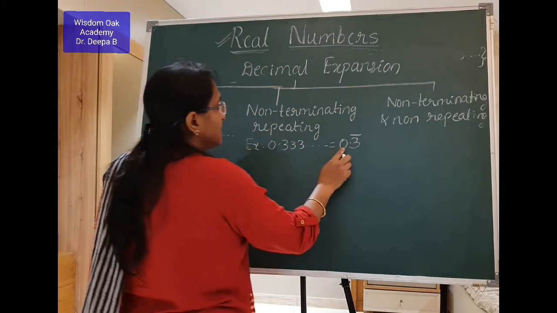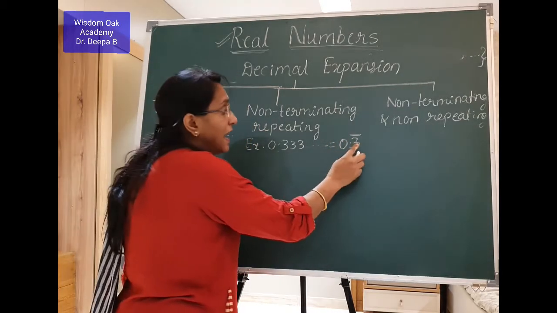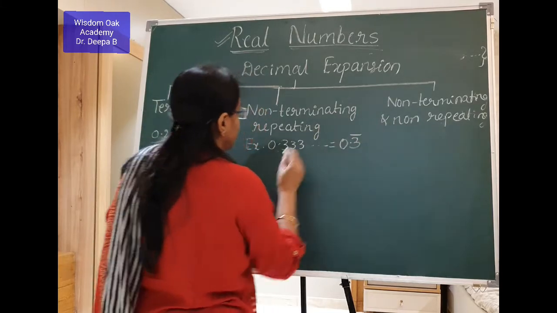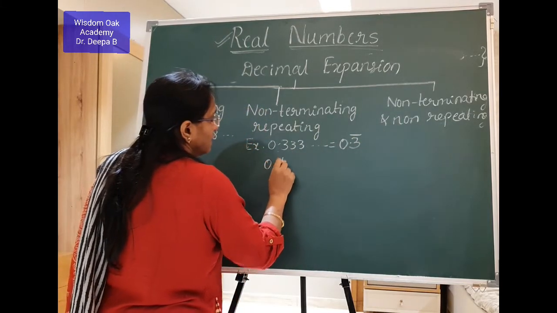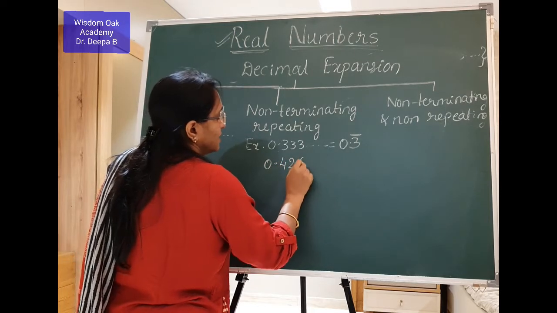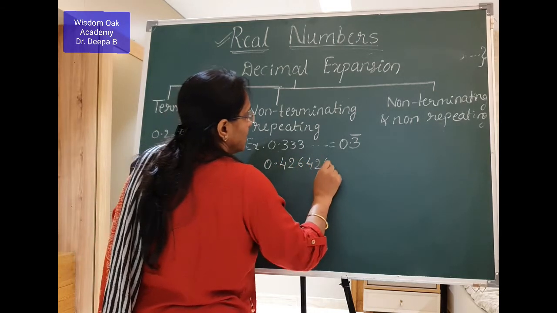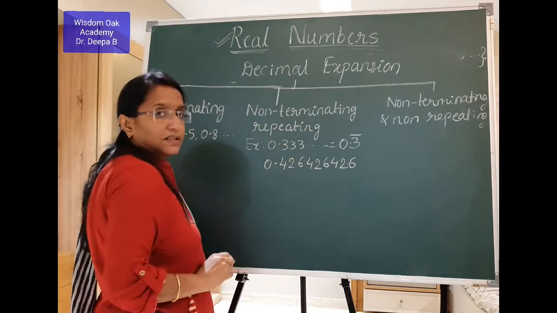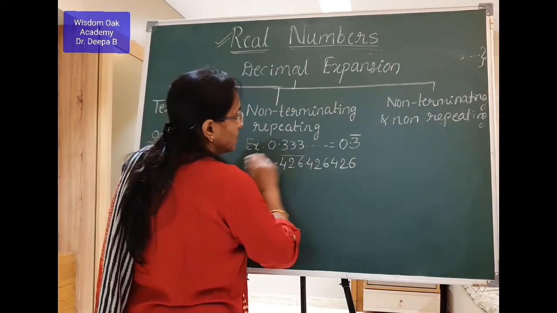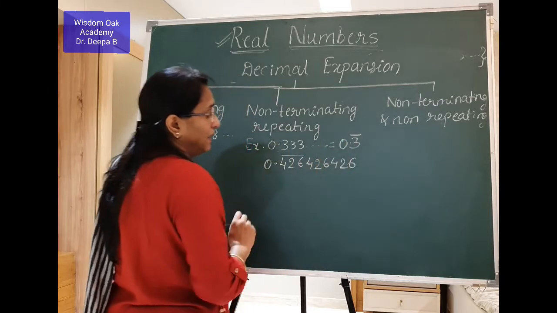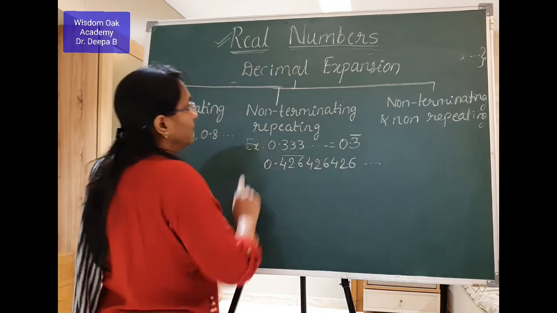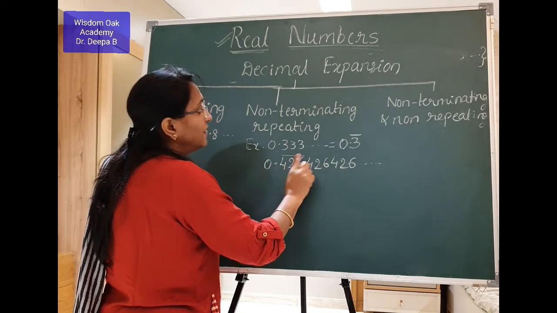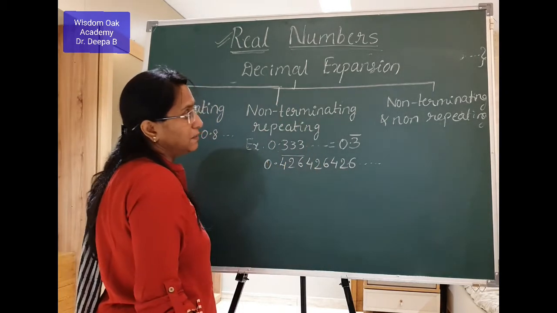It means this is a non-terminating repeating expansion because 3 is going to repeat. Similarly, you may get something like 0.426, 426, 426. It is not compulsory that only one term should repeat. Here 426, 426 is repeating, but it is continuous. That's why it is called a non-terminating but repeating decimal expansion.